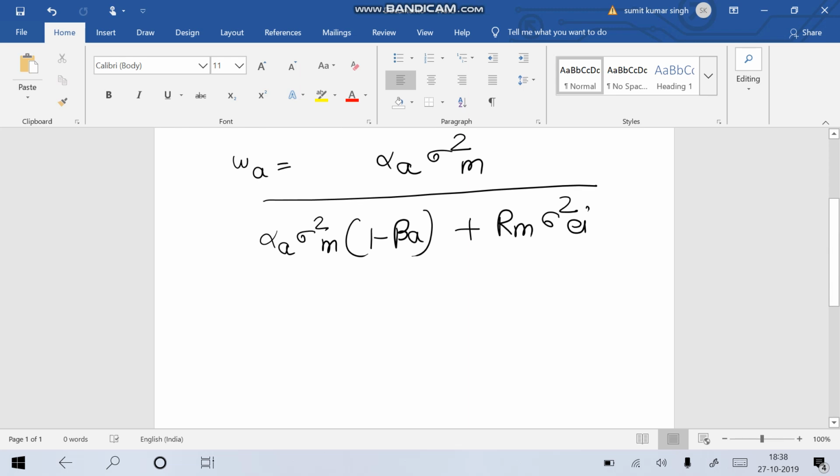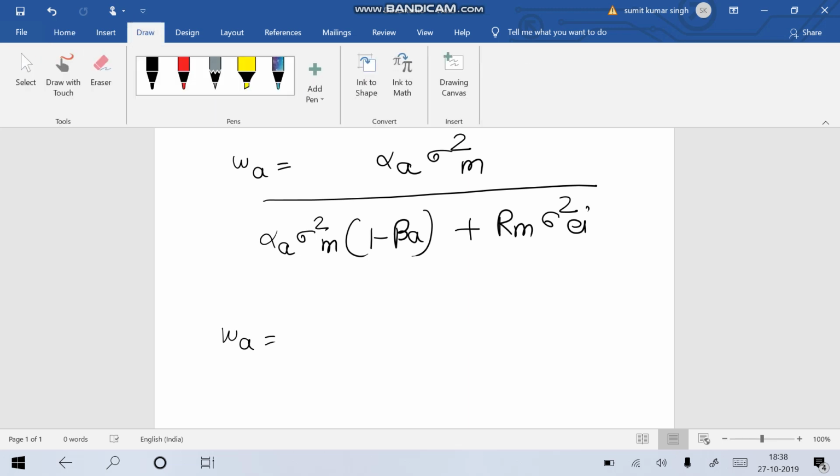Once you get this, now divide numerator and denominator by this variable, RM into the residual variance.